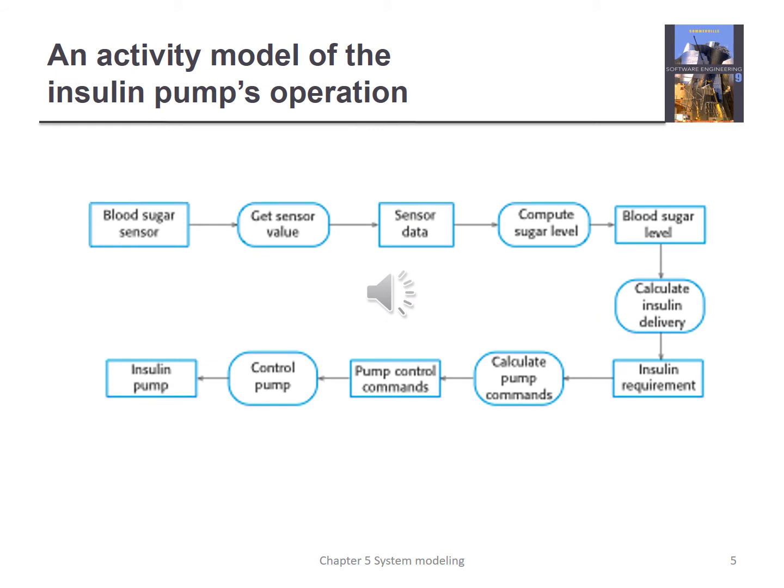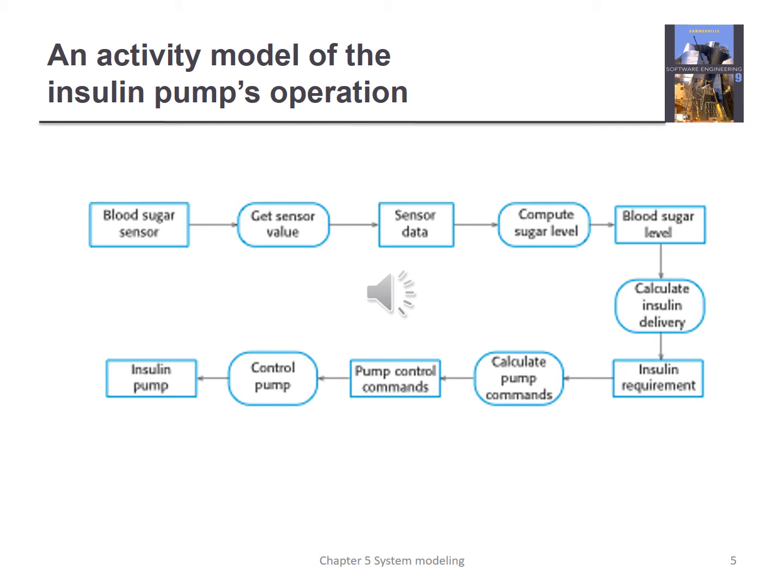In this diagram, we show an activity model of the insulin pump's operation, which shows how this system acts or reacts, or the sequence of events that happens in the system. First of all, we have the blood sugar sensor.